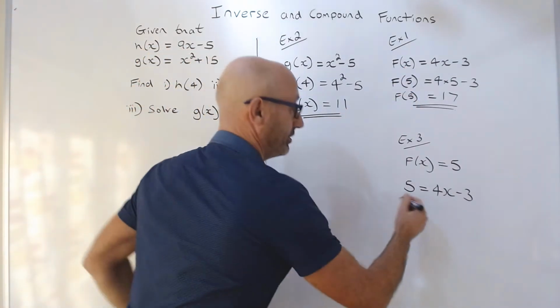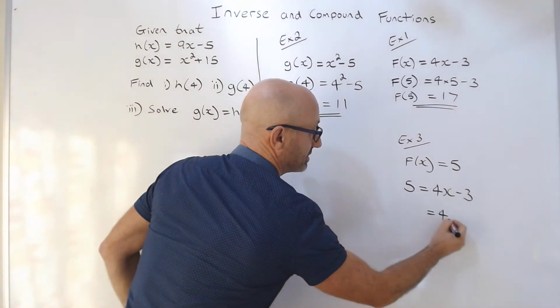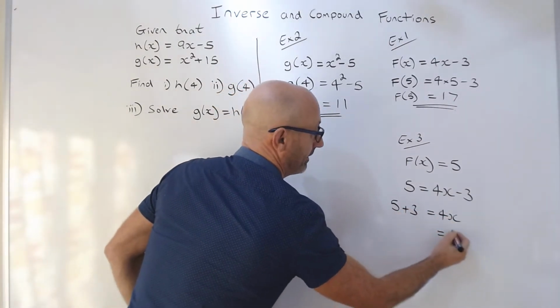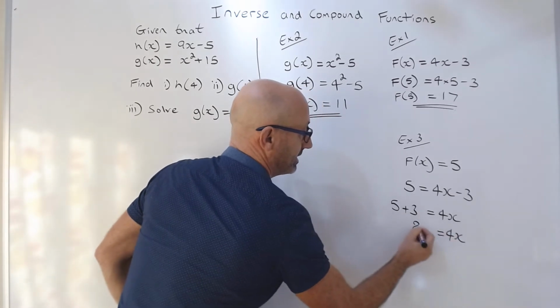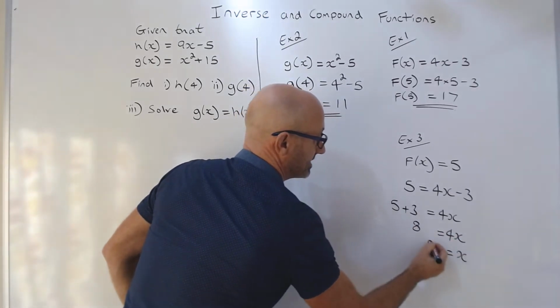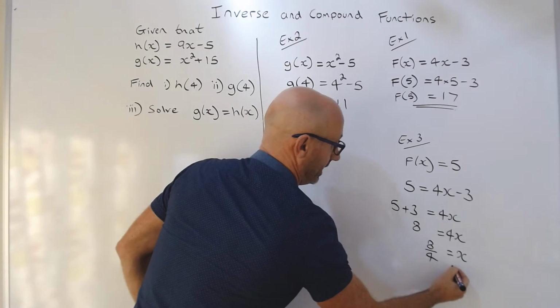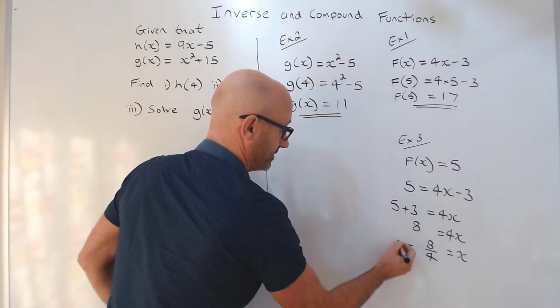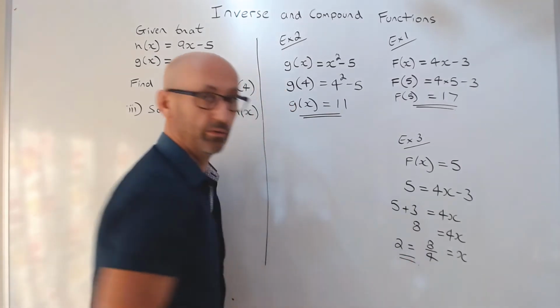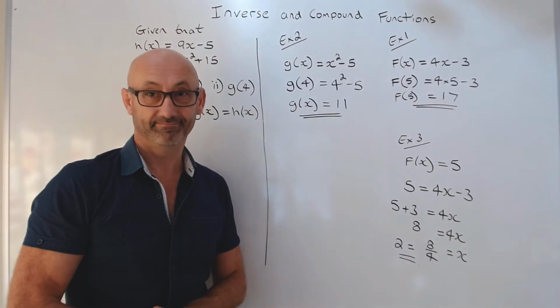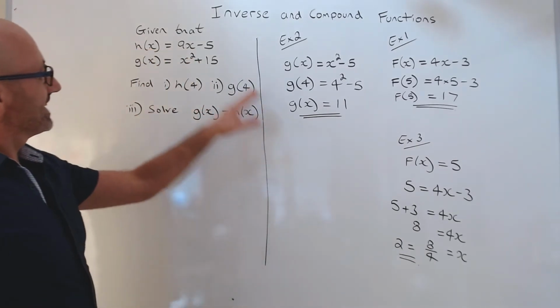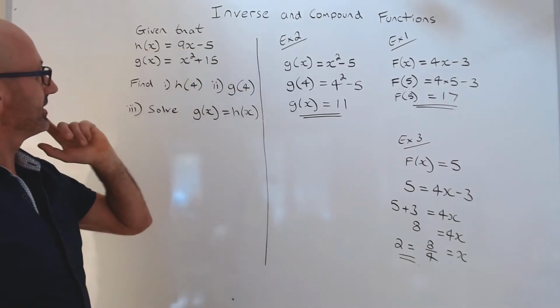And then you can just do your algebra thing, can't you? You know, 5 add 3, 4x is 8, x is 8 over 4, and so on. So x is 2. Maybe? No? Okay.